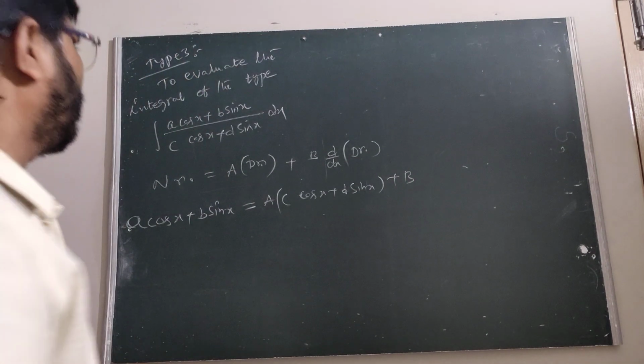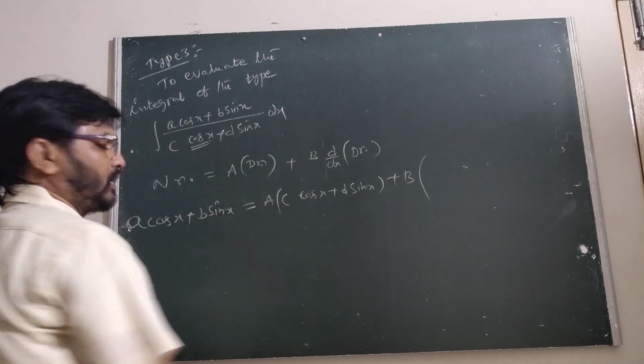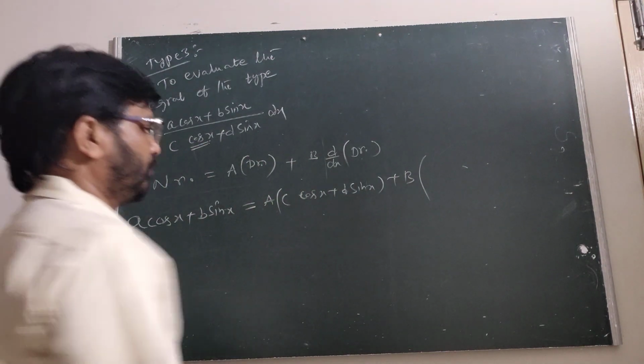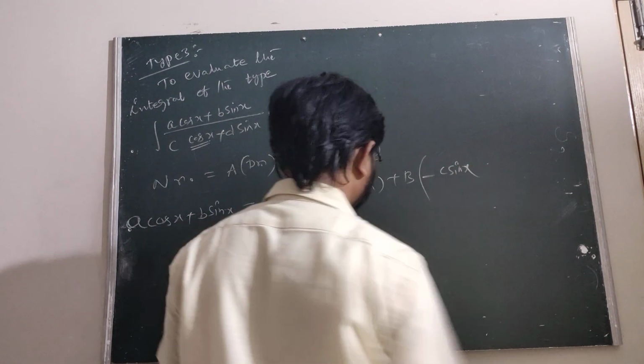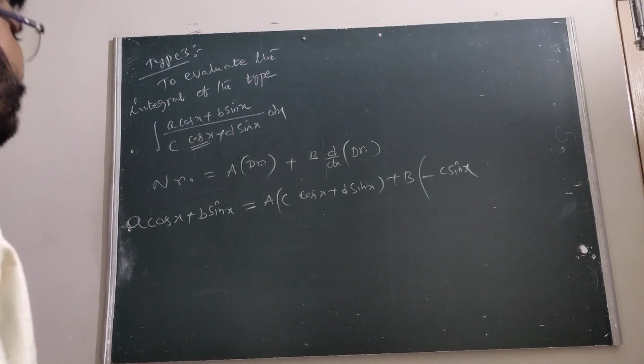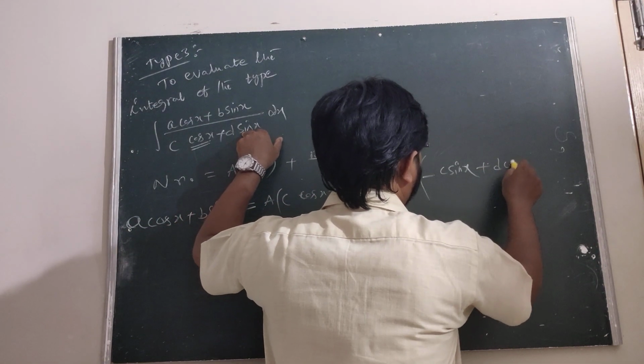The derivative of the denominator: everybody knows that the derivative of cos x is minus sin x, therefore minus c sin x. Now the derivative of sin x is cos x, so d cos x.